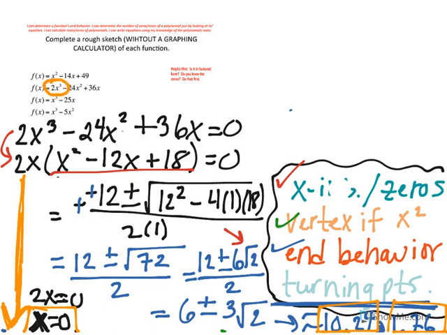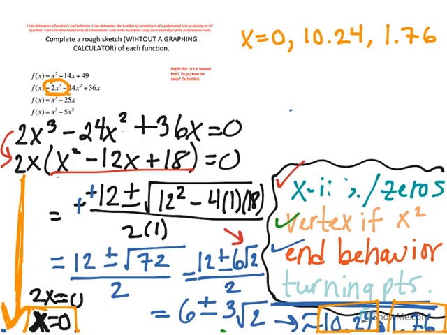How many total solutions or how many total zeros am I supposed to have based on the original function? I'm supposed to have 3, and I have found 3. And so my 3 roots, or my 3 zeros or 3 solutions, are x equals 0, x equals 10.24 rounded, and about 1.76. That's 3 solutions.